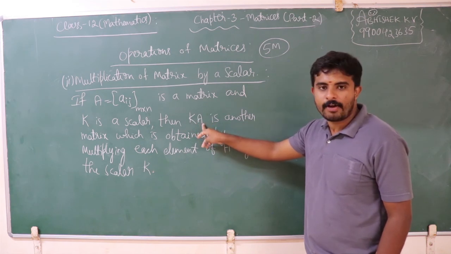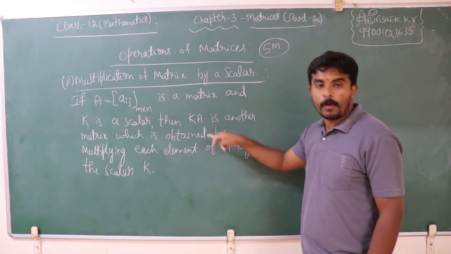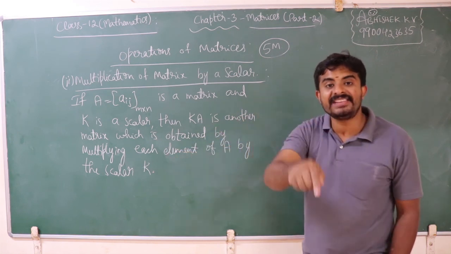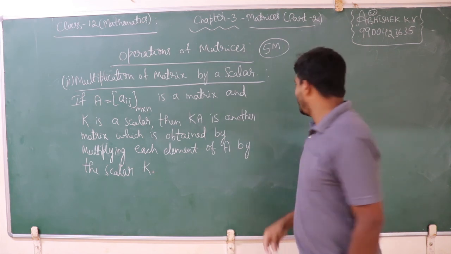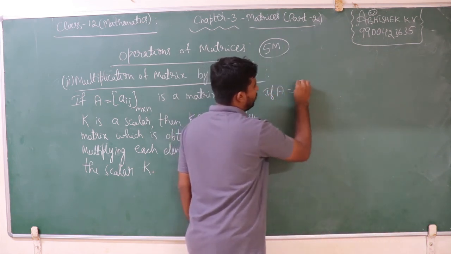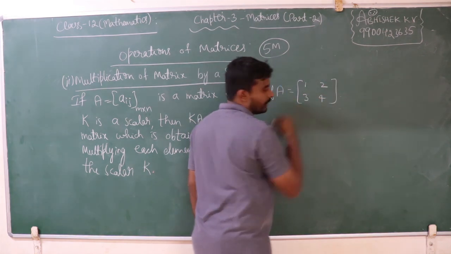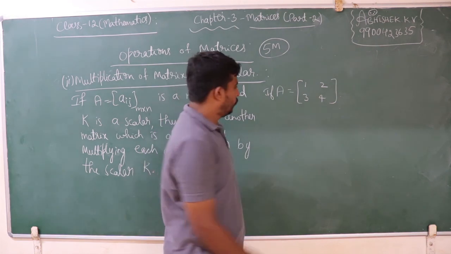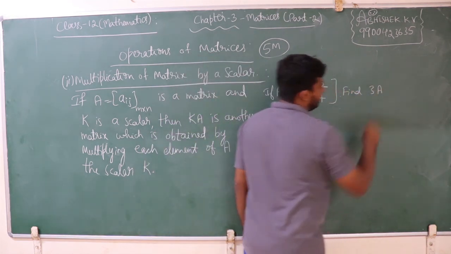See, multiplication of a matrix by a scalar is another matrix which is obtained by multiplying each element of matrix A by the scalar k. For example, if A is equal to 1, 2, 3, 4, then find 3A.